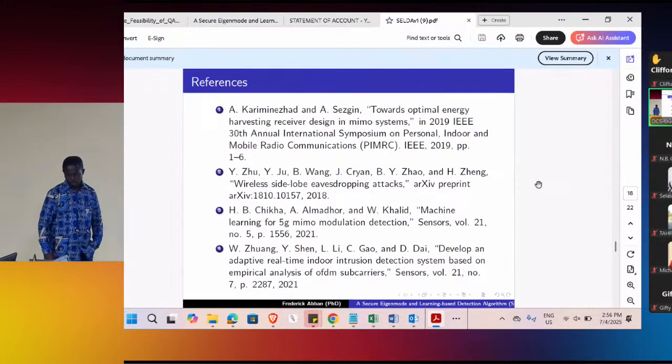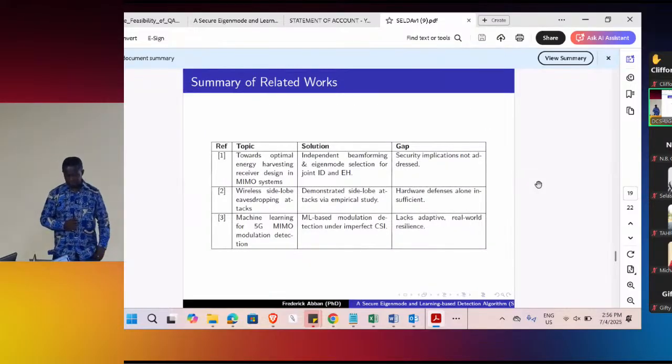Then we also looked at a paper on machine learning for 5G MIMO modulation detection. This paper was looking at just the modulation detection, and in this instance, the paper lacked adaptive and real-world resilience. So we thought, okay, let us go beyond what they had researched.